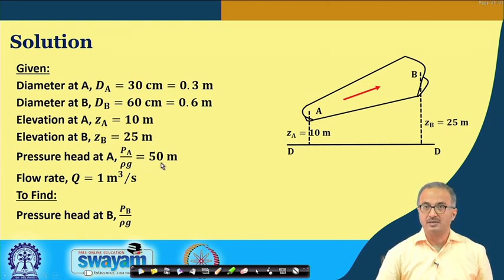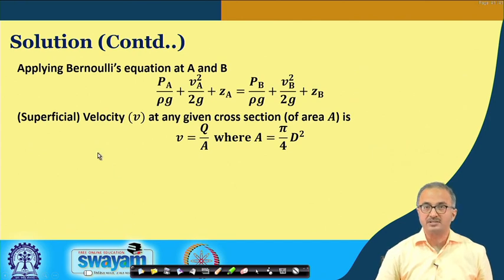So, this is given as 50 meters, and we have to find the pressure head, that is Pb by rho g. Now let us write the Bernoulli's equation at point A and at point B, neglecting all other energy losses.